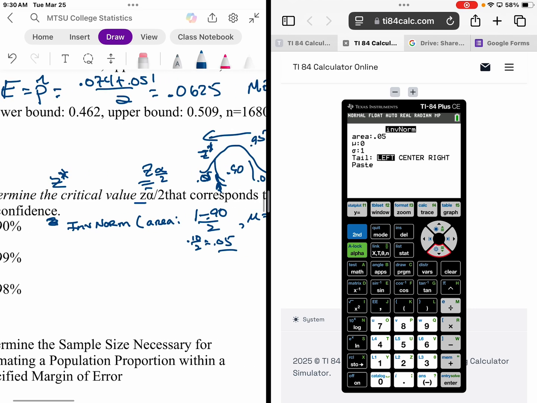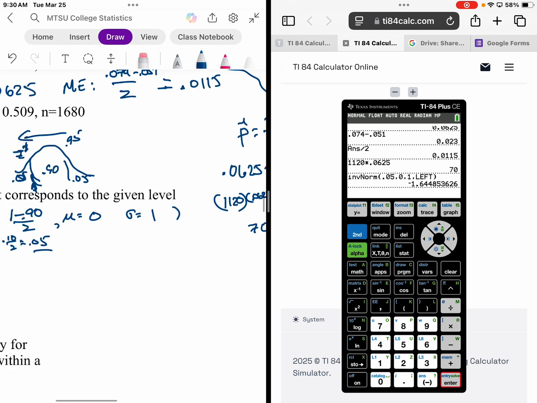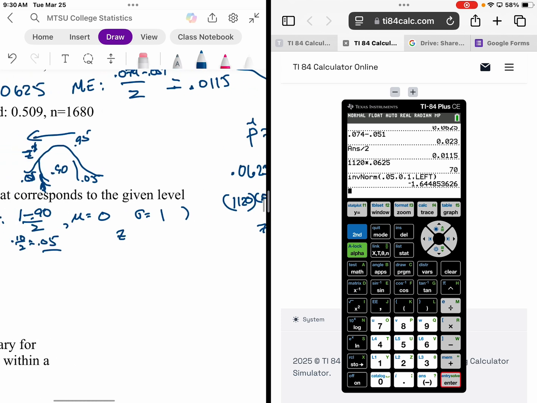I have it set up for a left tail, and so I would leave that alone and then hit enter and hit paste. And that gives me, for that Z-star, 1.6449.